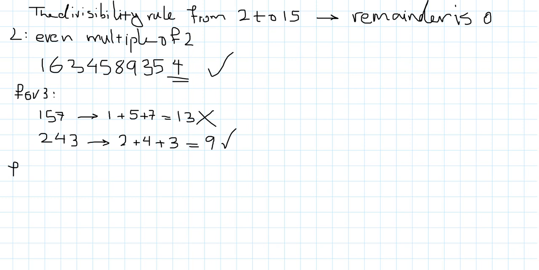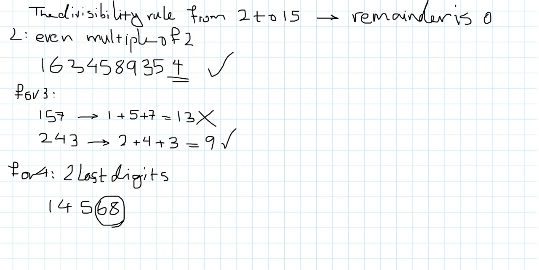Let's check for 4. We say for 4, if the last two digits can be divided by 4 or are a multiple of 4, we can say the number is divisible by 4. Let's check. I have this number 1, 4, 5, 6, 8. What are my last two digits? 68. Now check 68.